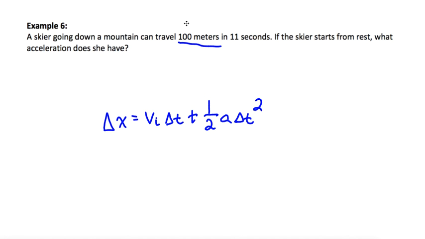Okay, so let's think about things we know in the problem. 100 meters. We know the distance. It does this in 11 seconds, so we also know the time. If the skier starts from rest, we know that the velocity initial is 0.